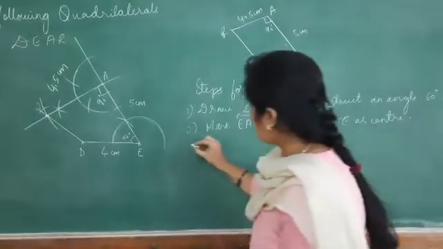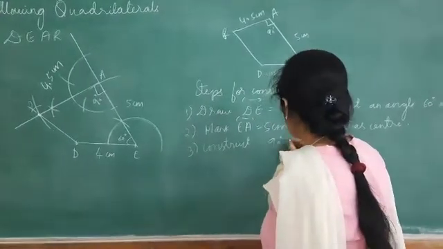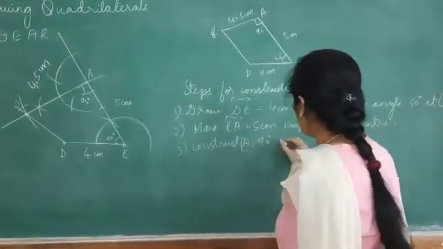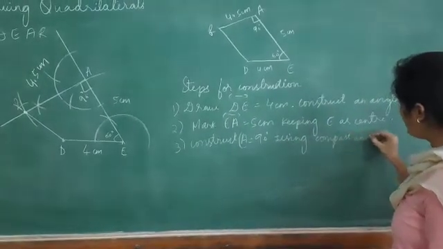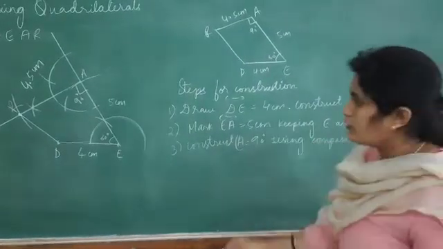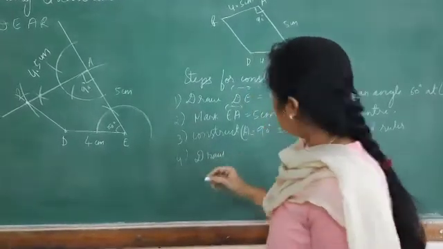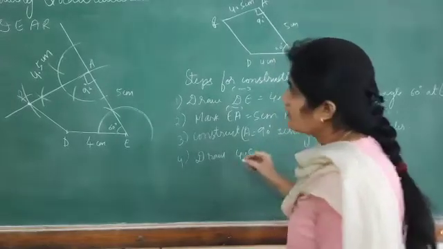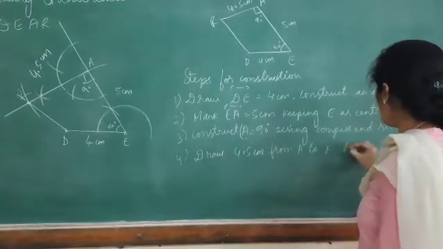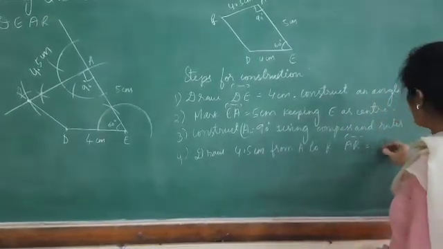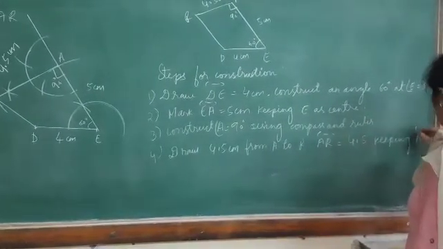Now, third step, construct angle A equal to 90 degree using compass and ruler. Now, fourth step, draw an arc or draw a line segment 4.5 centimeter from A to R, that is AR line segment is equal to 4.5, keeping A as center.